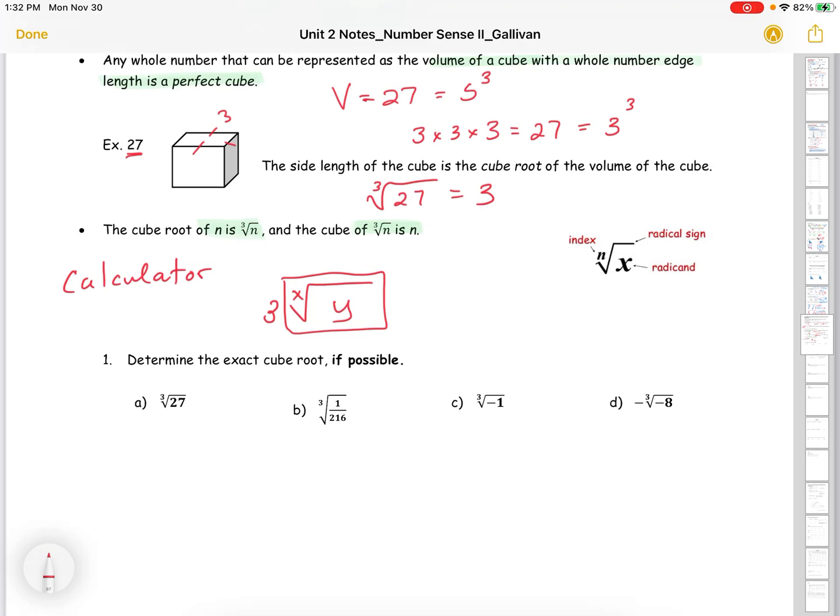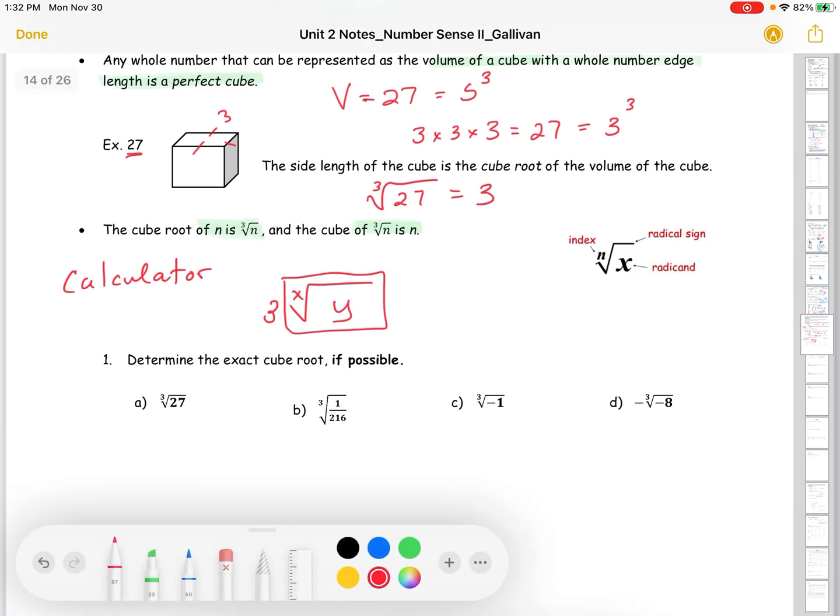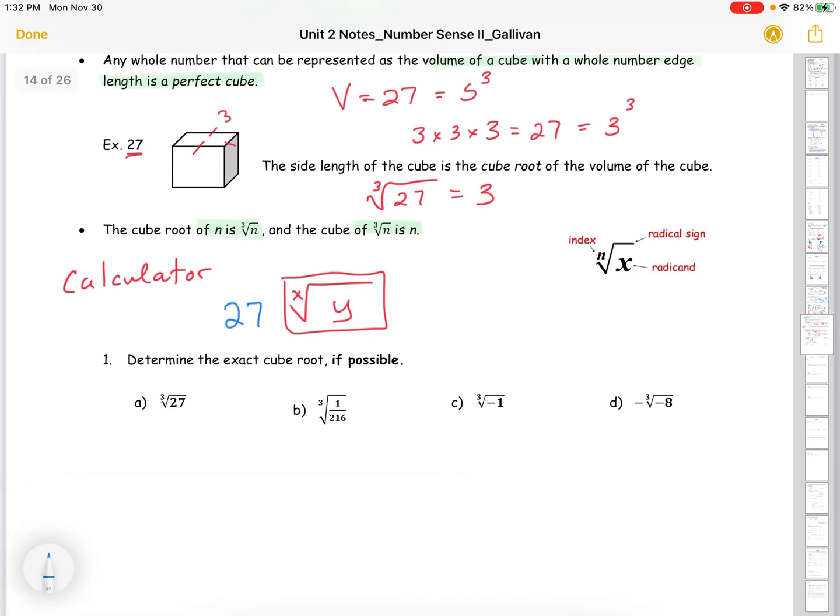No, that didn't work. Oh, I go the other way around. Good thing I tried it. So to figure this out, I would put my 27, hit this button, hit 3, and then equals. And I should get 3 for my answer.